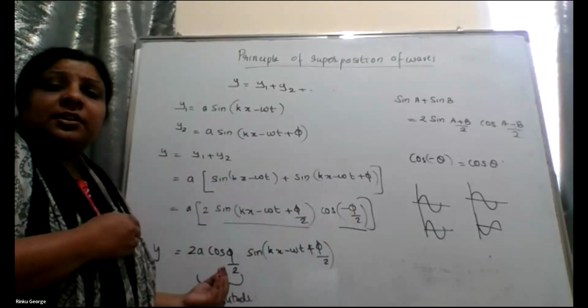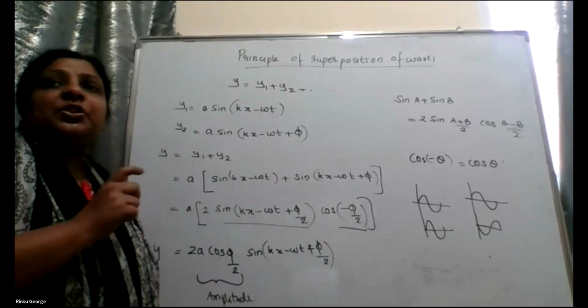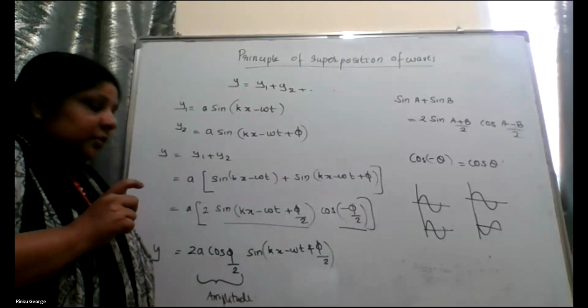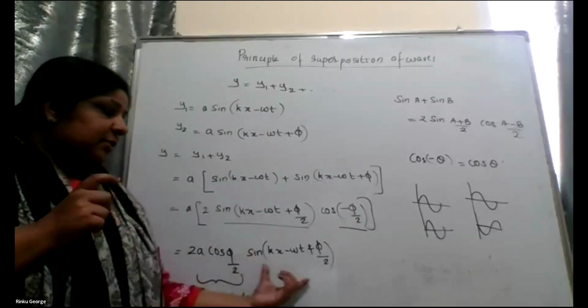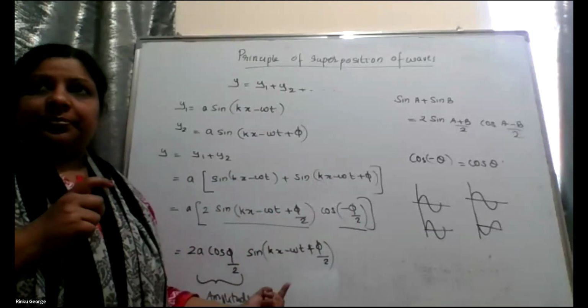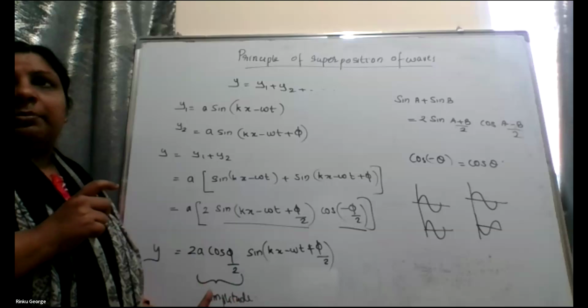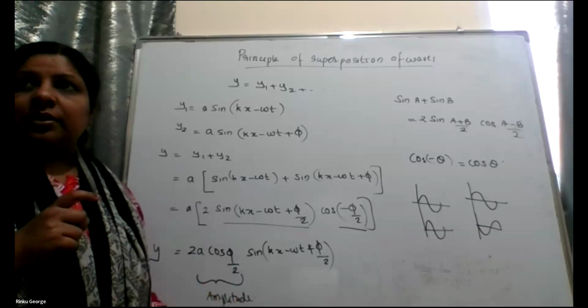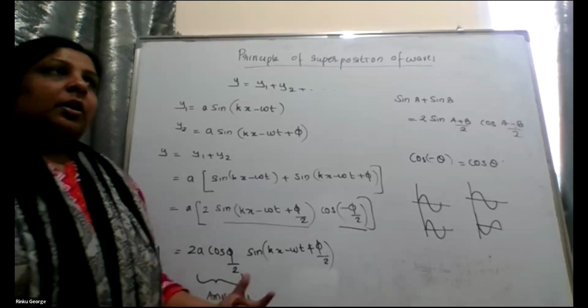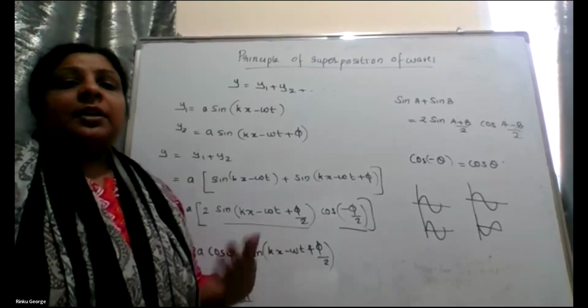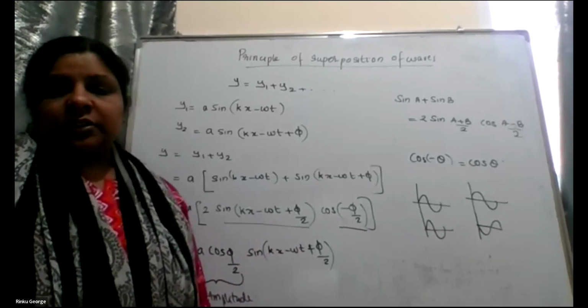The remaining terms other than sine will be the amplitude part, and the sine gives the displacement part. This is the sine wave, and this is the amplitude. Clear, that much is okay? Now, in this, we will apply special cases. Give the heading special case.